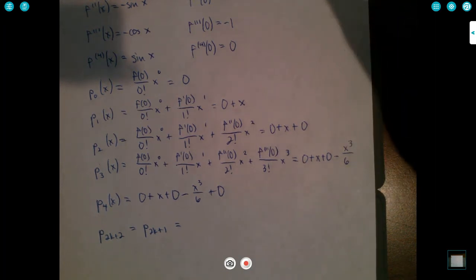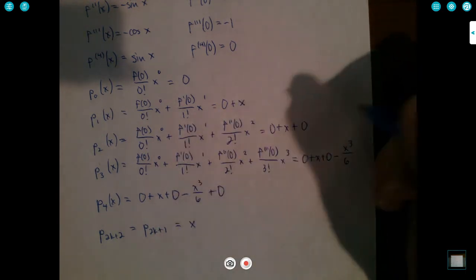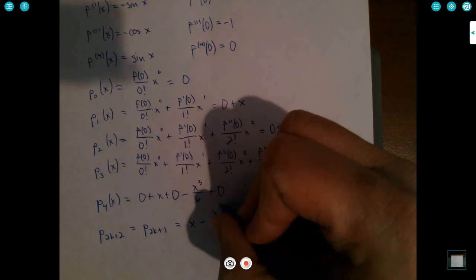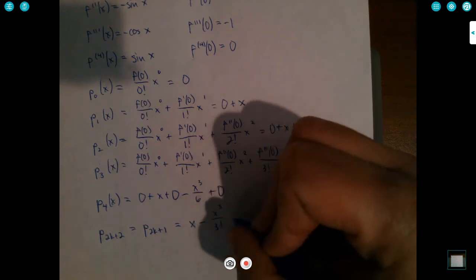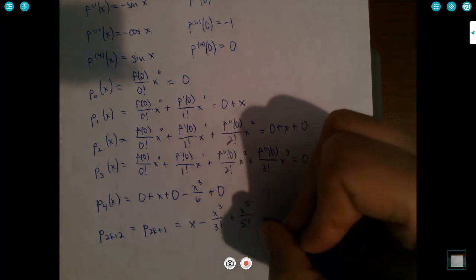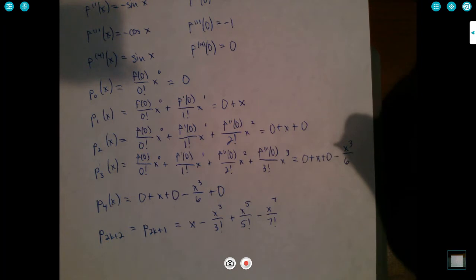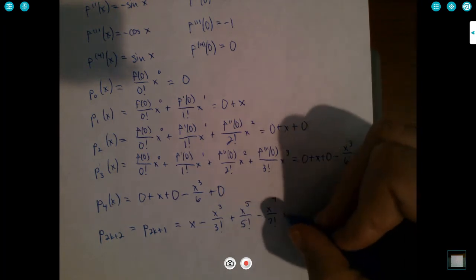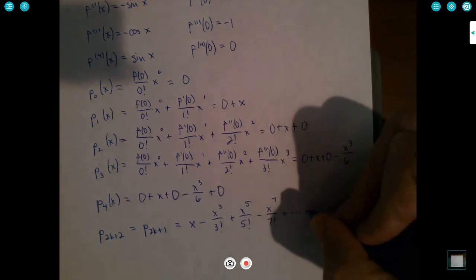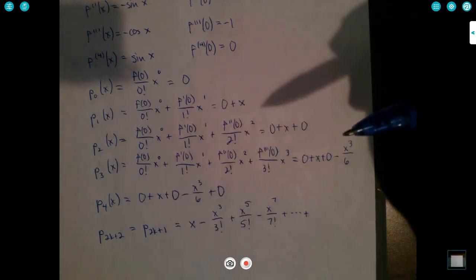So it's going to be something like x minus x cubed over 3 factorial plus x to the fifth over 5 factorial minus x to the 7th over 7 factorial, and so forth until we get to 2k plus 1.